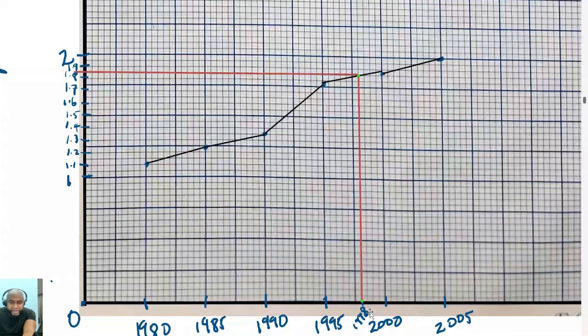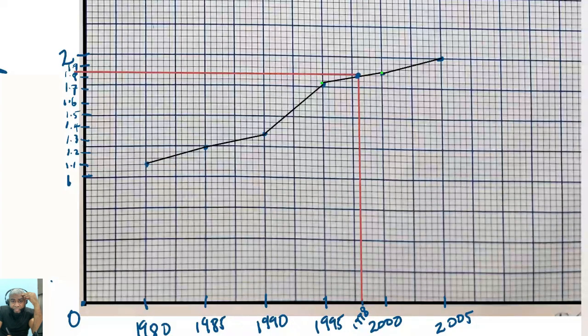This is 1998. I draw it up to the graph. I meet the graph. 1998 is in line with this red line, right? So I drew it up to the graph and I stopped at the graph.